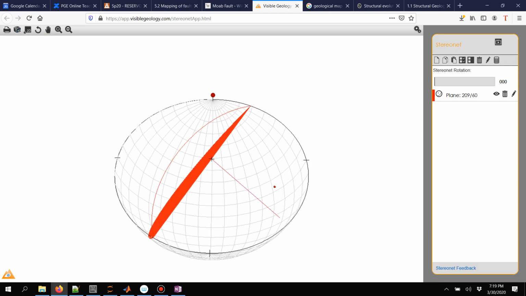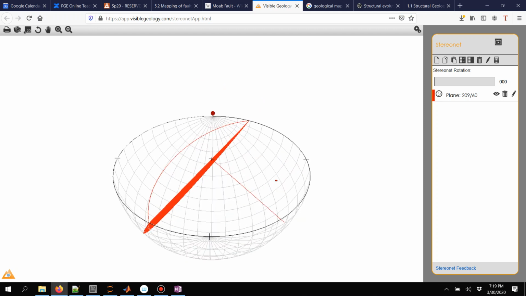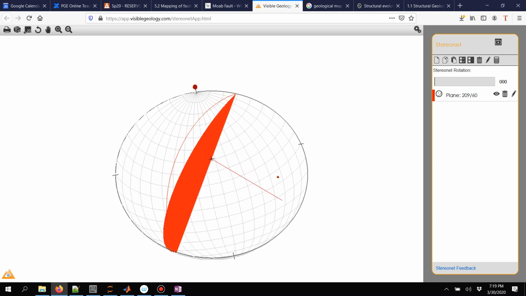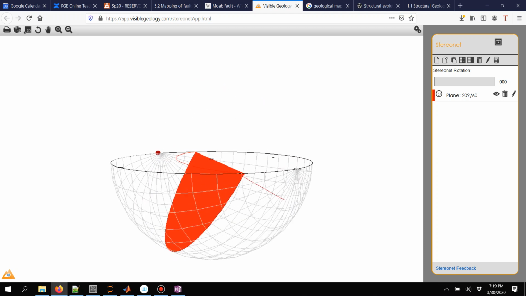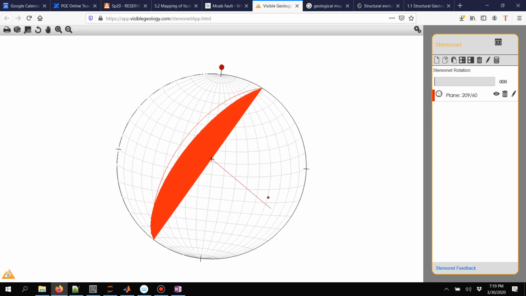Again, this is the north, this is the south, west, north, east, south, west. And this is the plane of our fault, the line that goes from the center towards the intersection of this line with the lower hemisphere is that perpendicular line. This is the pole at the intersection, and this is the pole when we look at it from the top.